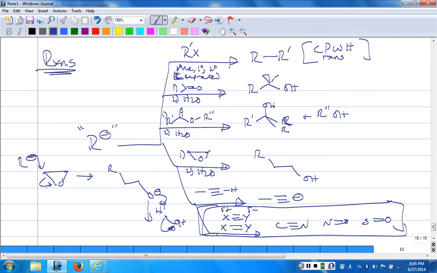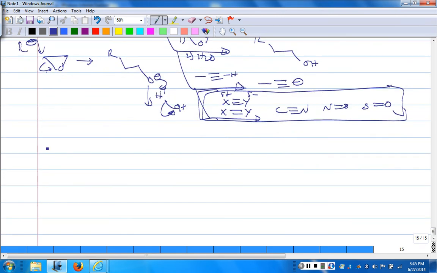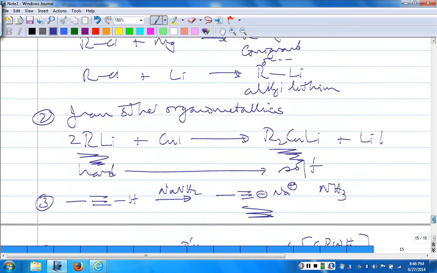Let's talk a little bit about the limitations in the preparation of organometallics. Actually, before I do that, I want to point out something because I glossed over it a little bit.